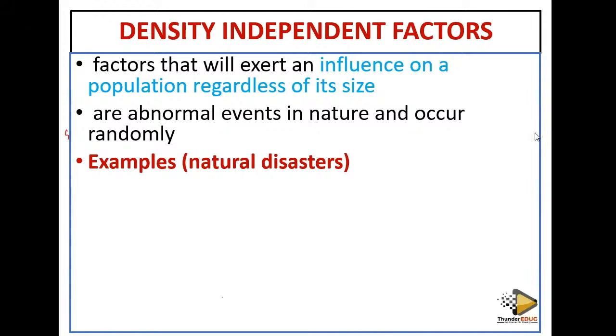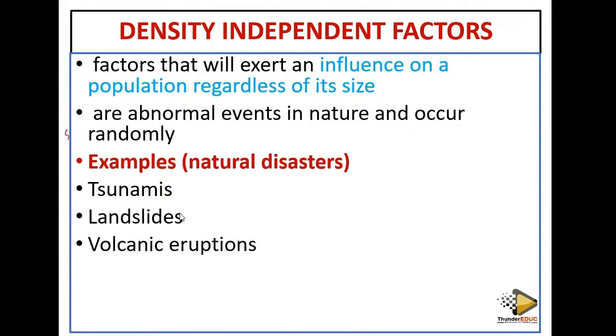So examples of density independent factors, we say natural disasters. Among the natural disasters, we said tsunami, landslides, volcanic eruptions, wildfires, and then floods.